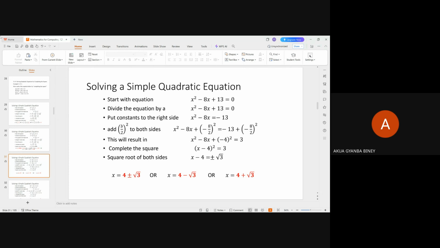So x is equal to 4 plus square root of 3, or x is equal to 4 minus square root of 3. So this is what we get. Please, any question before we move on to the last example?